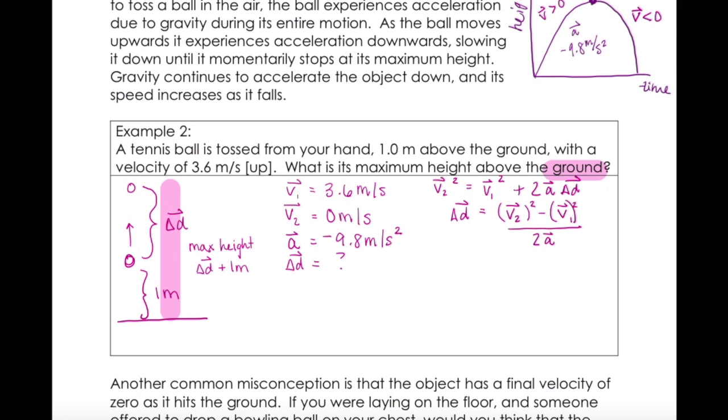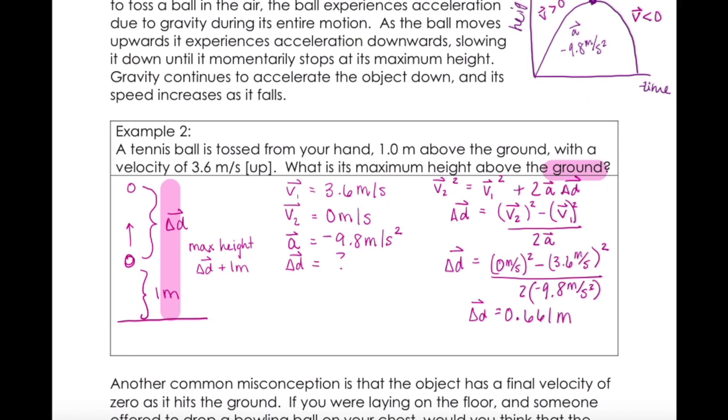Right, so if I plug in the things that I know, V2 was 0 minus our V1 was 3.6 squared all over 2 times our acceleration. Right, and we should get that our change in position is 0.661 meters.